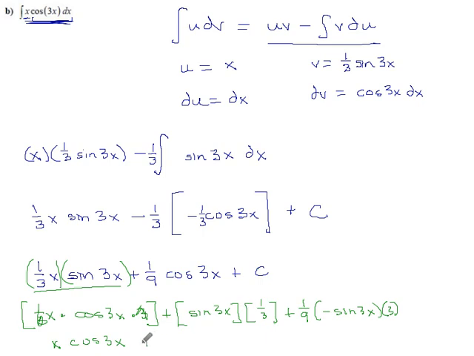From this term, we get plus 1/3 sine 3x. And from this last term, we get minus, right there, 3 times 1/9 is 3/9, which is 1/3 sine 3x. And look at that. 1/3 sine 3x minus 1/3 sine 3x. All that cancels out, and all that survives is x cosine 3x, which is exactly our integrand. This thing actually works.